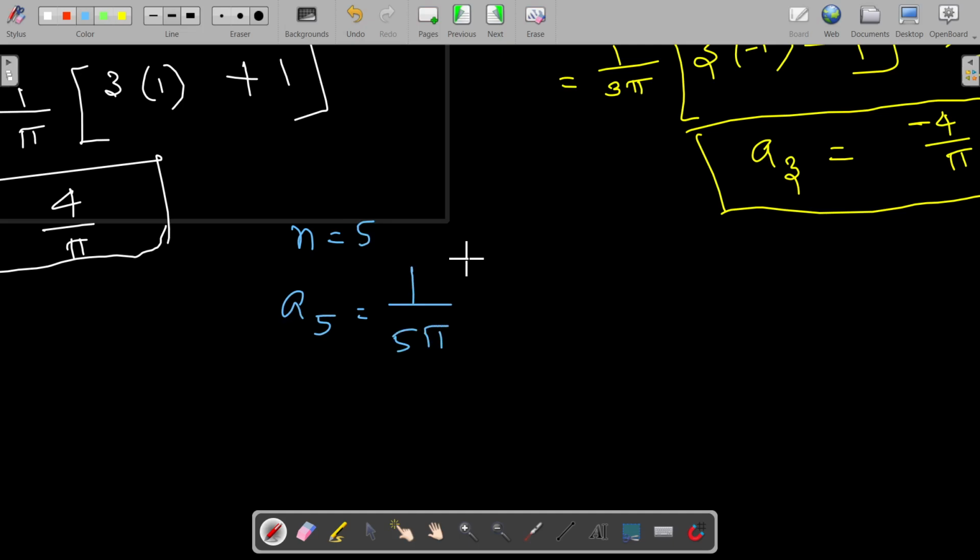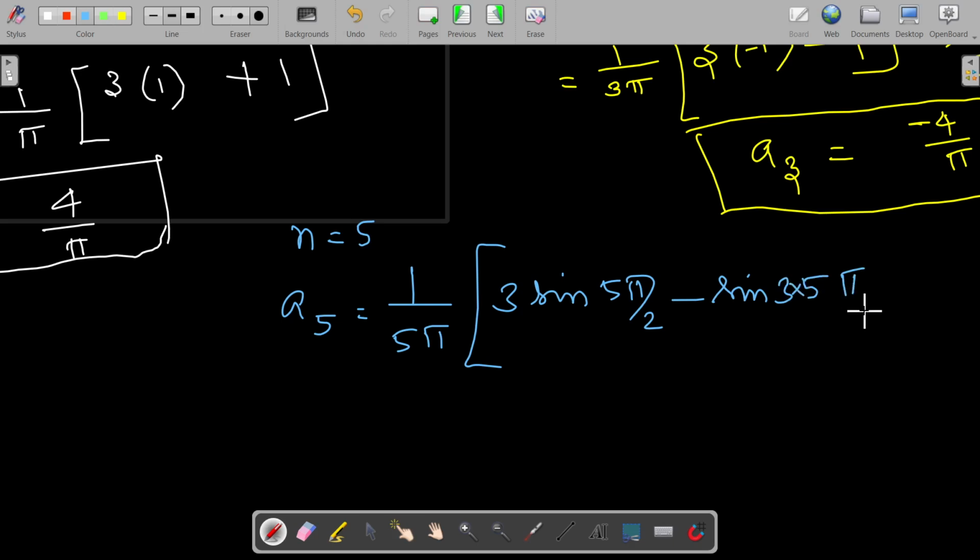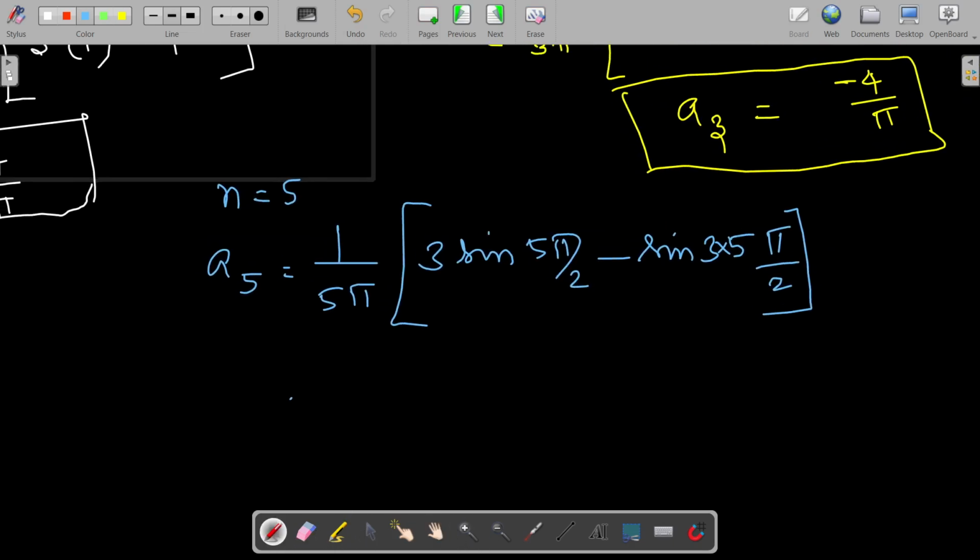Then you will be getting this as 3 sine n pi by 2, that means 5 pi by 2, minus sine 3 n pi, n is 5. So 3 times pi by 2, 5 pi by 2. So the thing is the same. So here you get this as 3.